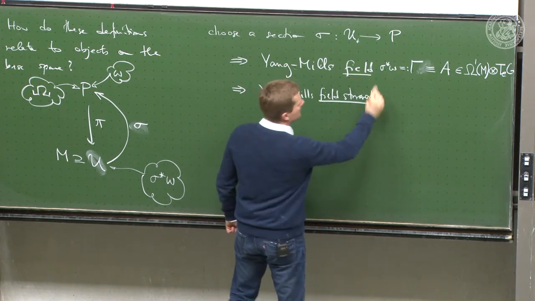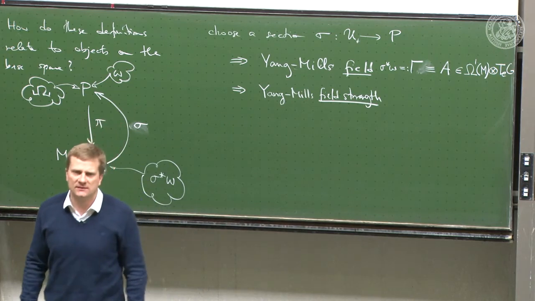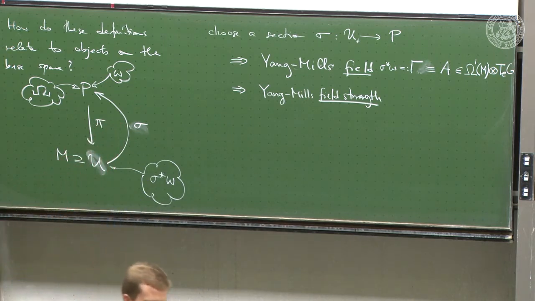So a field is something different than a field strength. Strictly speaking, in electromagnetism, the electric field and the magnetic field together, which is the Faraday tensor F, is not the electromagnetic field, it's the electromagnetic field strength.